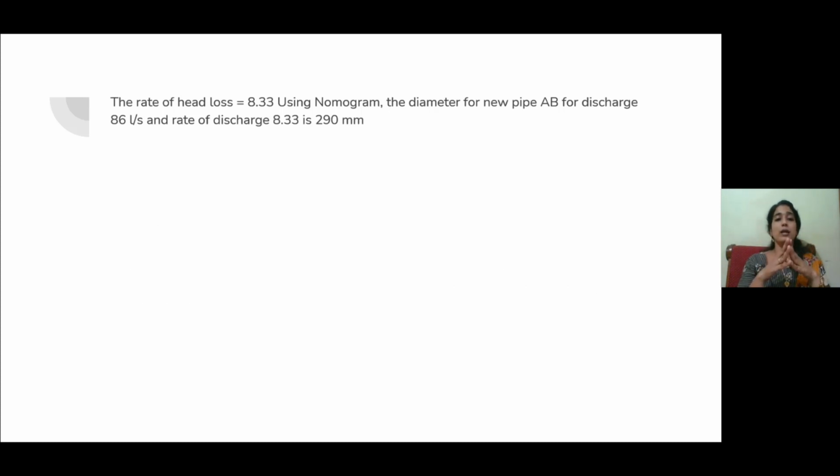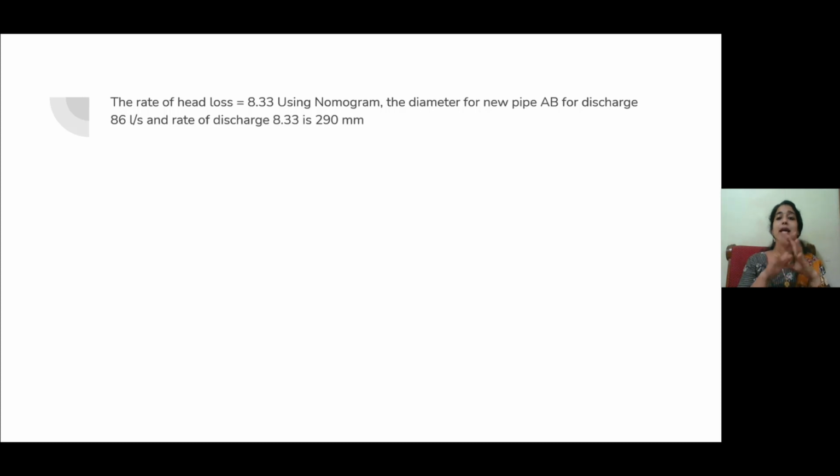Then by using the nomogram, the rate of head loss we calculated is 8.33, and the discharge we calculated is 86 liters per second. Connecting these two values, the discharge and the rate of head loss, we get the diameter of the pipeline as 290 mm.